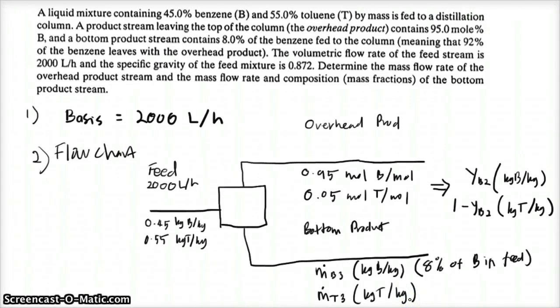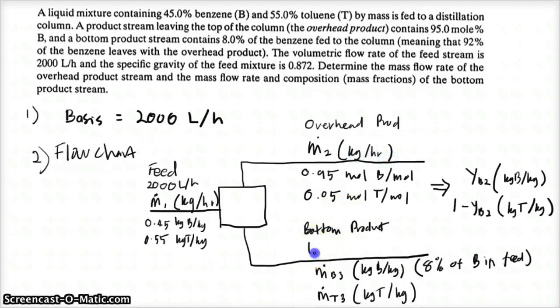For the total mass flow rate, we can write this M1. Since it's a flow rate, M dot, we can consider kilogram per hour. And the overhead product, since we use 2 here, we can use M dot 2, still kilogram per hour.